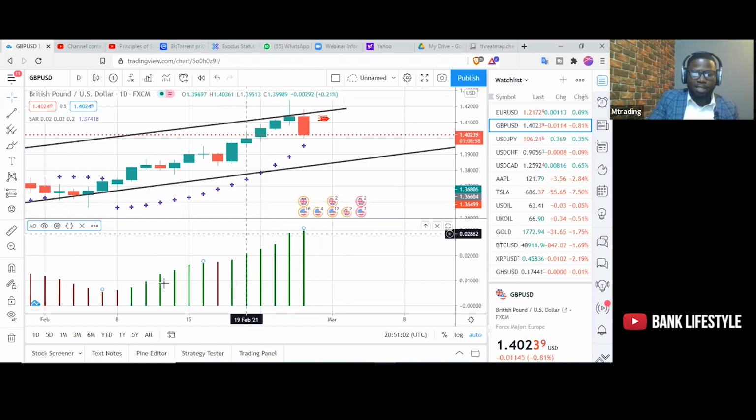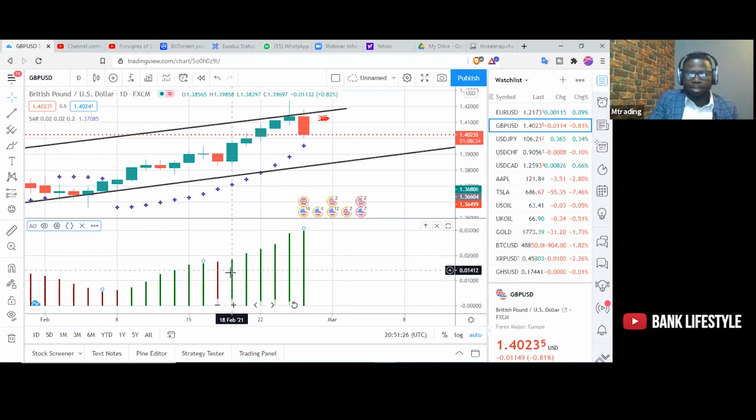So right now over here, you can see it was an uptrend and the awesome oscillator started going in the upward direction. You can see this red awesome oscillator bar that was trying to tell you that on this day, the price was about to reverse in the downward direction. But the next day, it was another green stick.